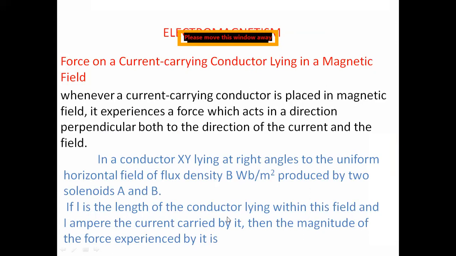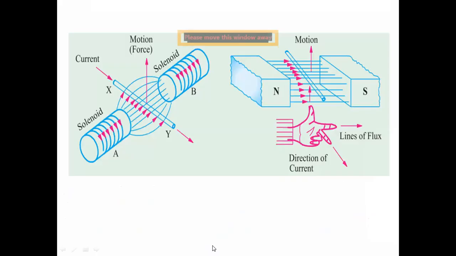If L is the length of the conductor lying within the field, and I amperes of current is carried by the conductor, then the force experienced by it is BIL, where B is the flux density, I is the current flowing through the conductor, and L is the length of the conductor placed in the magnetic field.